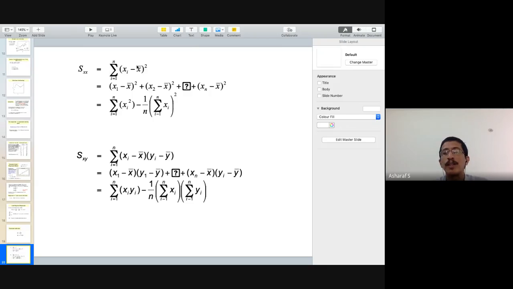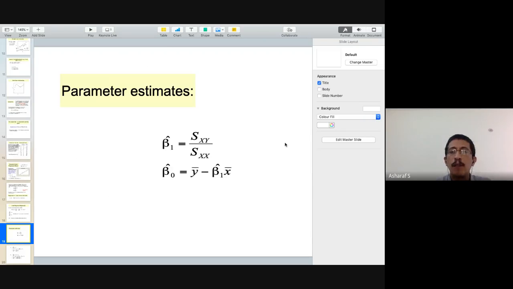I hope you have gone through the theory of variance and covariance. So this is essentially spread over a variable, and this is spread across variables. Spread over the variable versus spread across the variables. So your slope will be spread across the variables divided by spread over the variable. That will be the slope.